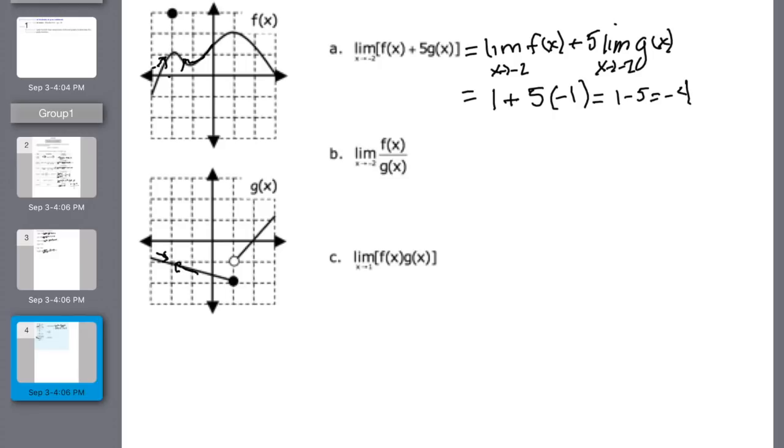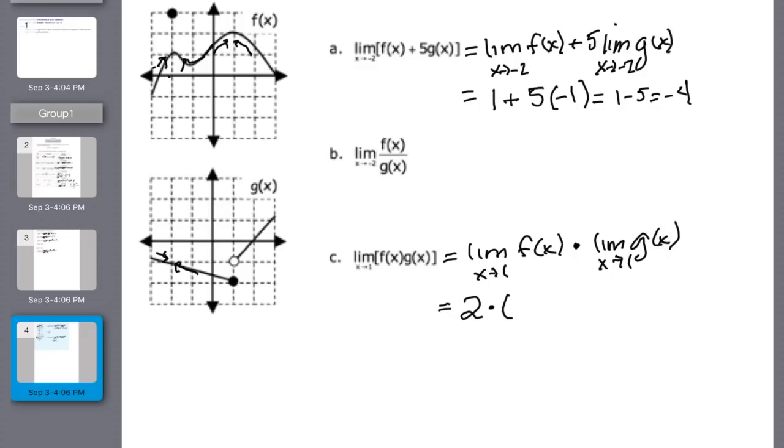And then C. I know from my rules that the limit as x approaches 1 of f(x) can be found on its own, and the limit as x approaches 1 of g(x) can be found on its own, and of course we can multiply those independently. So if I'm looking at the limit of f(x) as x approaches 1, so I'm on the first graph as I'm coming up, x is approaching 1, my y value is approaching 2. Okay.